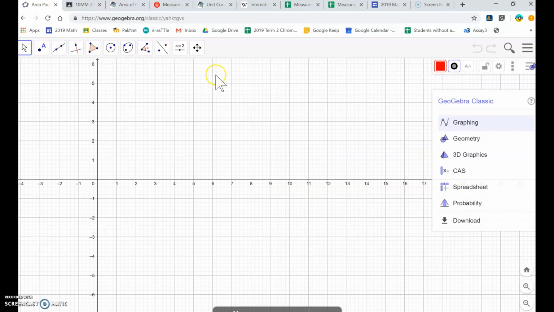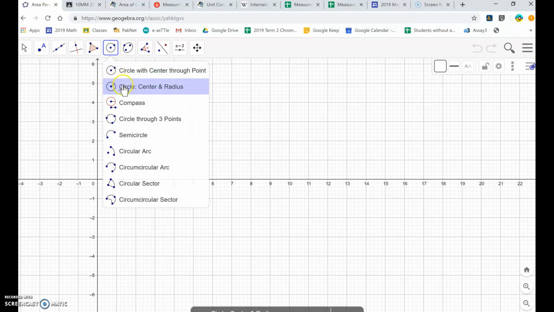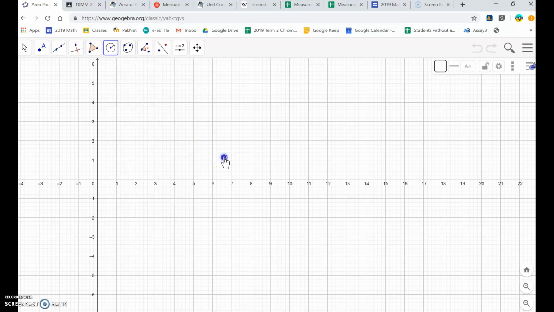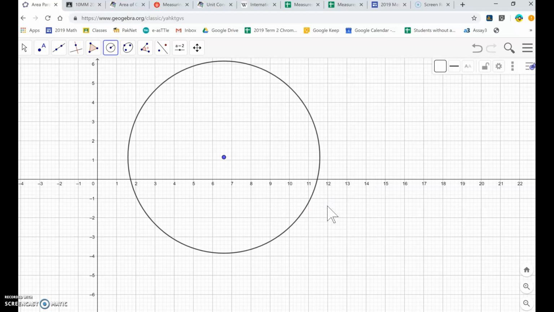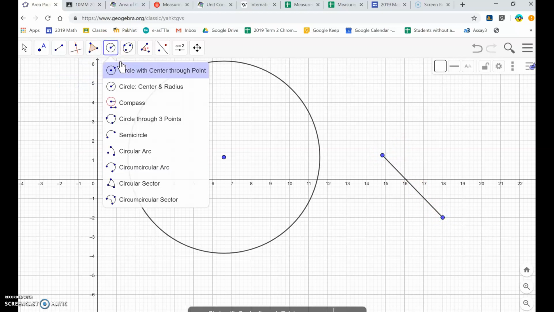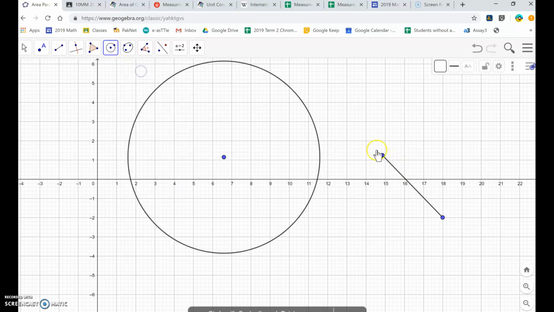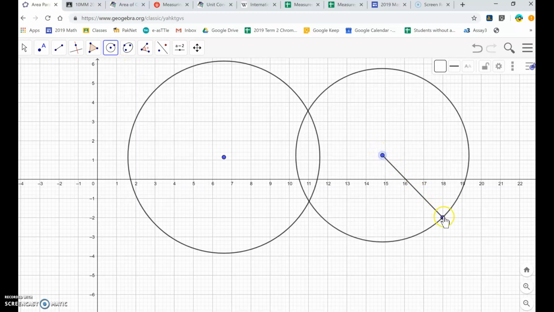And if we play with this, and we have a look at circles, it says here circle, center, and radius. So I'm going to do that, and radius of 5, for example. And the other way we can do is we can have a segment like so. We can have a circle like so.